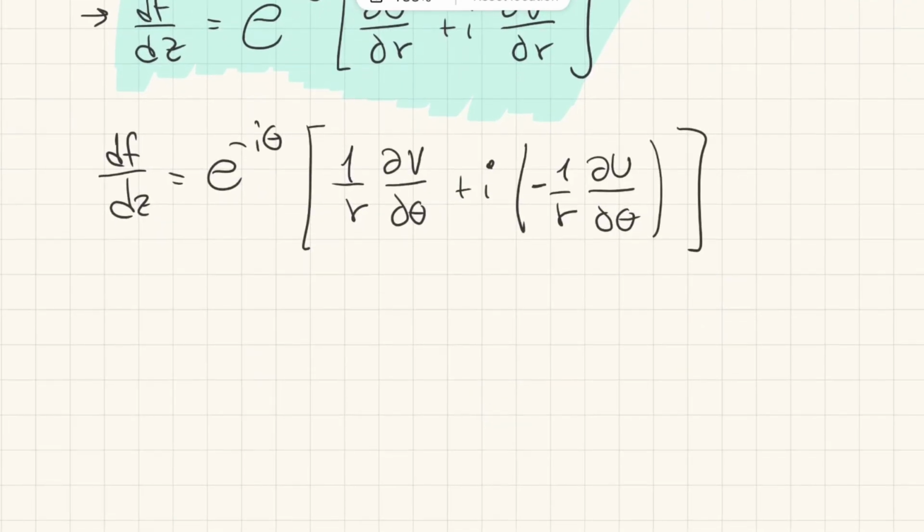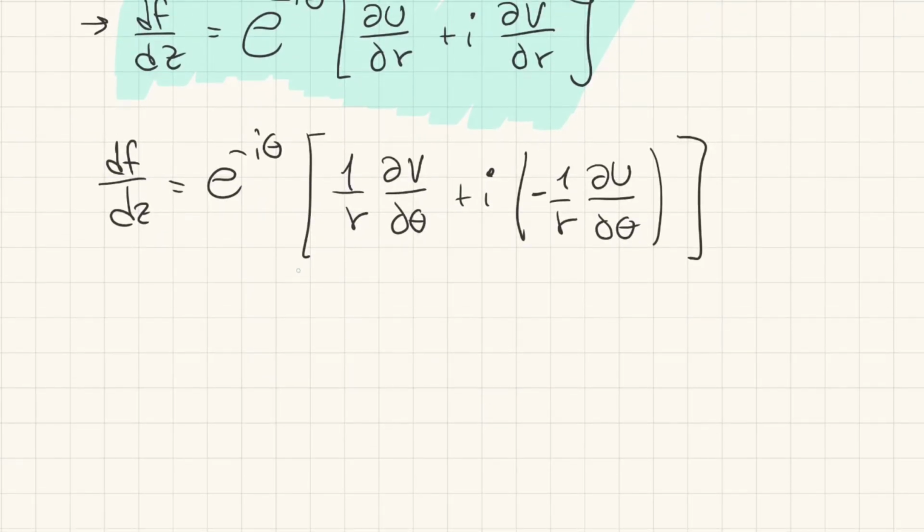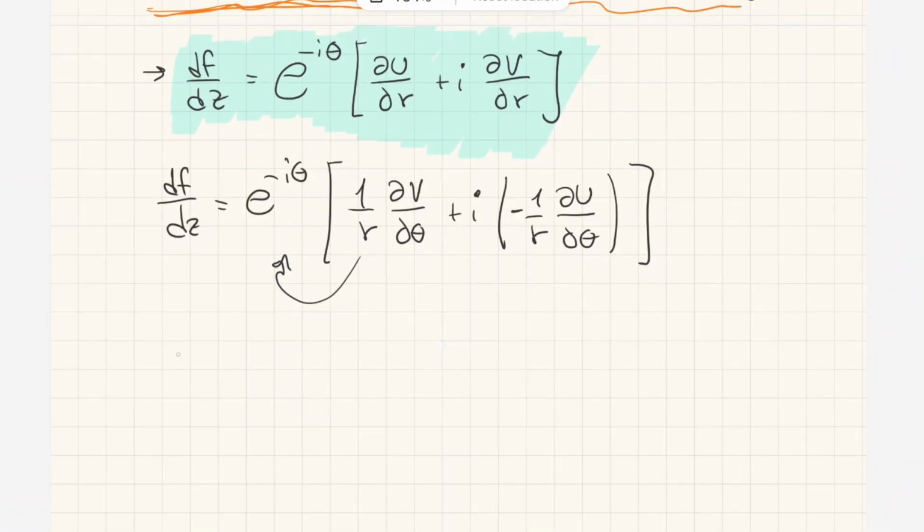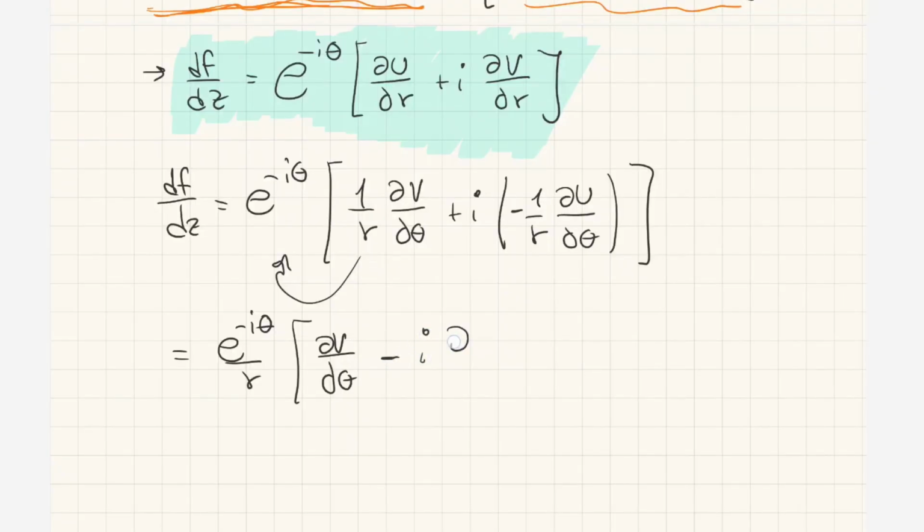And if we simplify a little bit more to get the common factor 1 divided by r out, we get e to the negative iθ divided by r that multiplies the derivative of v with respect to theta plus minus i, the derivative of u with respect to theta.